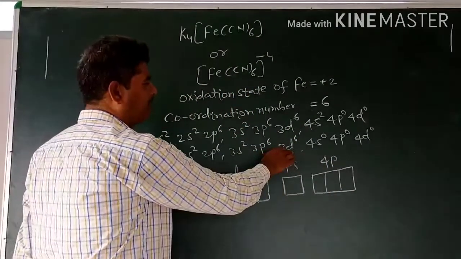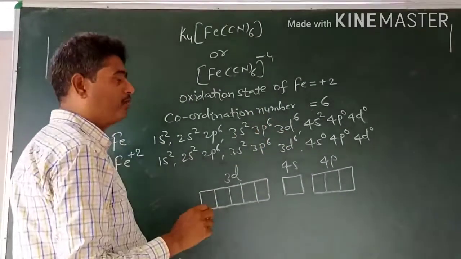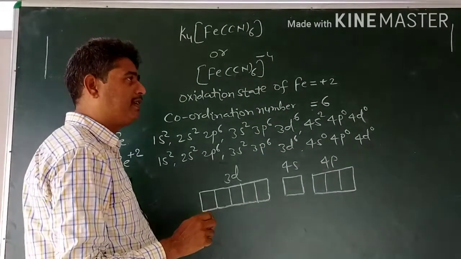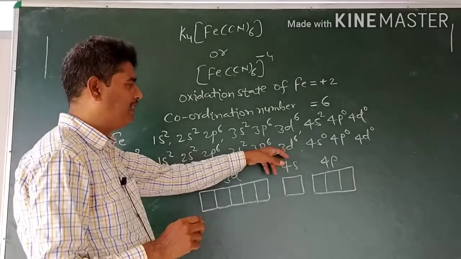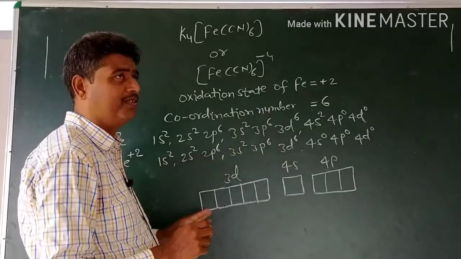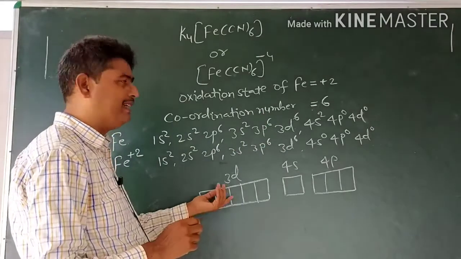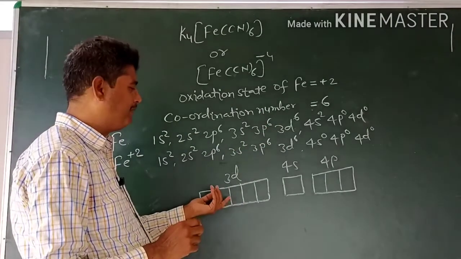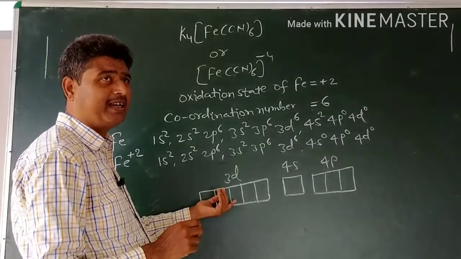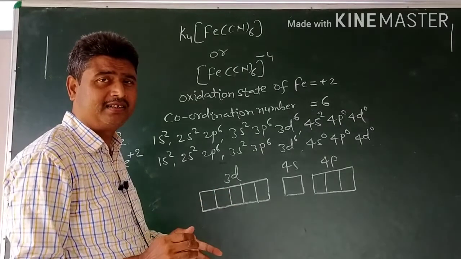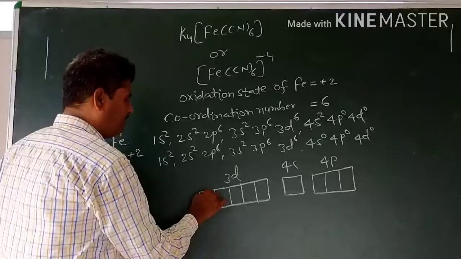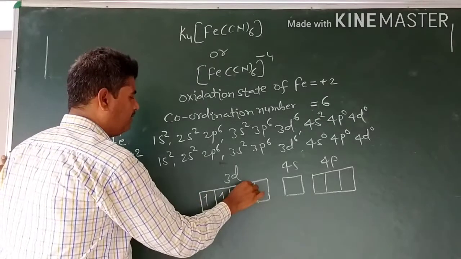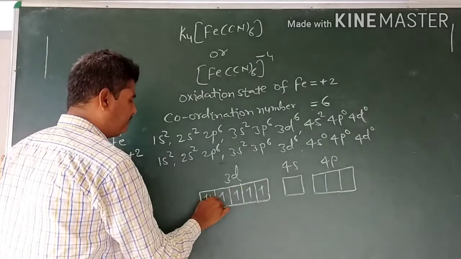The d orbital contains 6 electrons. So we will distribute these 6 electrons in 3d according to Hund's rule. Electrons will enter the degenerate 5 d orbitals singly with parallel spin. After that, pairing will start.